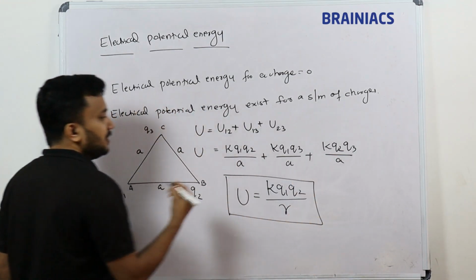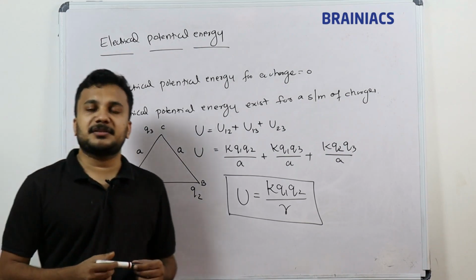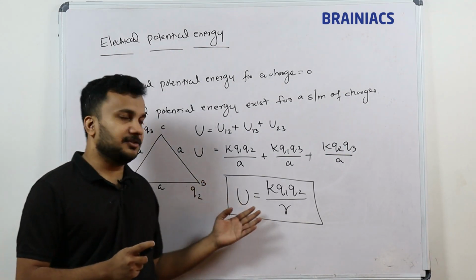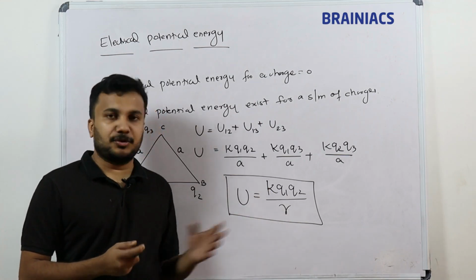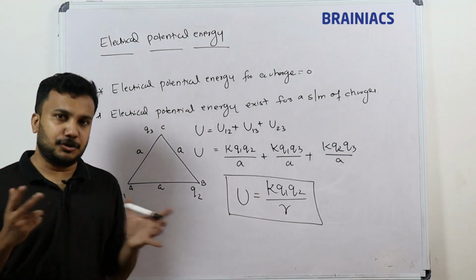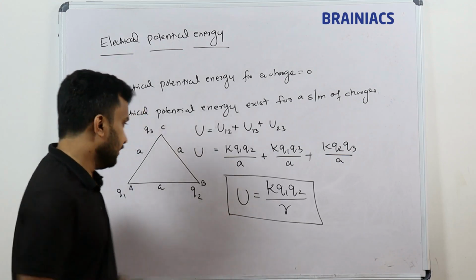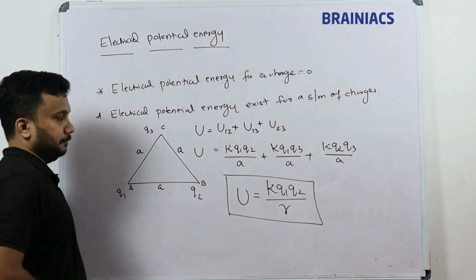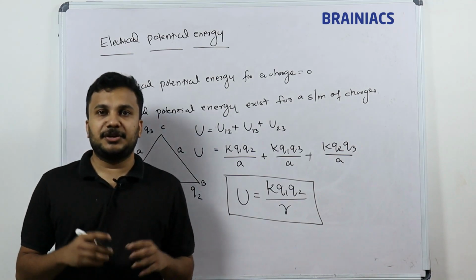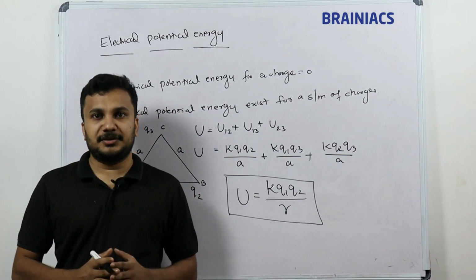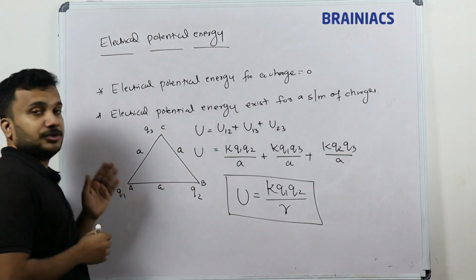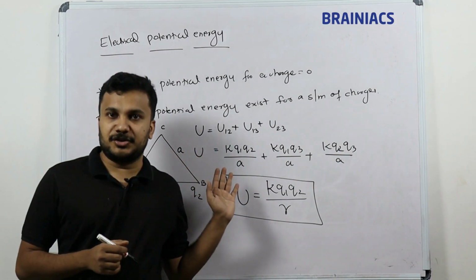If you remember this formula, you can use it in many places to find the answer to questions. So potential energy is equal to K Q1 Q2 divided by R for a two-charge system. If you have a 3-charge system like this, potential energy exists between every 2 charges, and we calculate the total by taking 2 charges at a time. This is the concept behind potential energy.